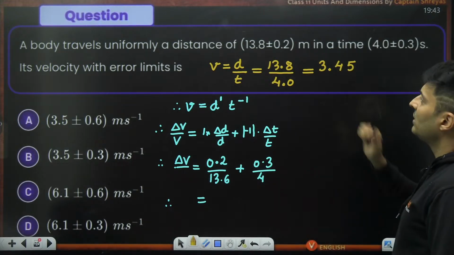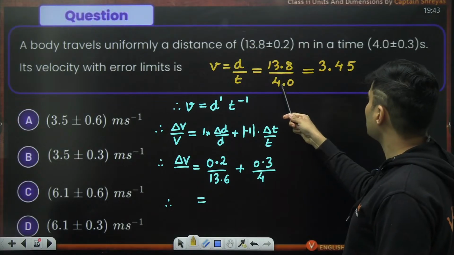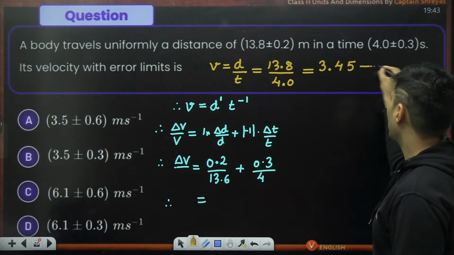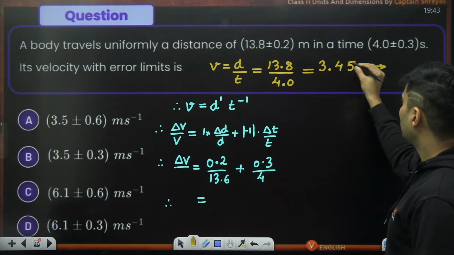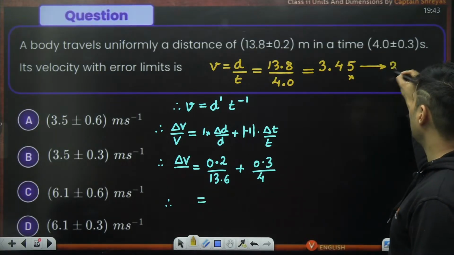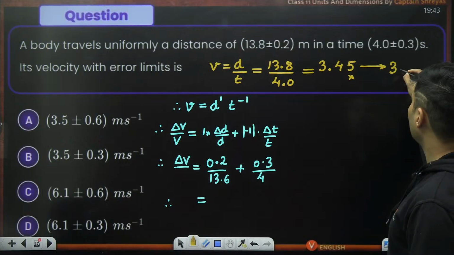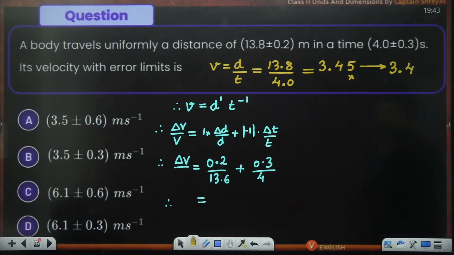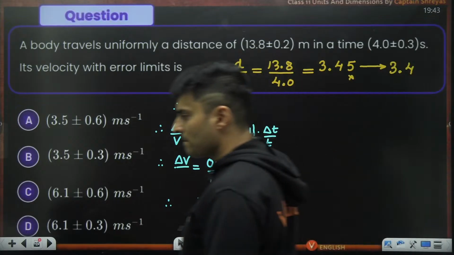But I can't keep it 3.45 because, guys, two significant digits. So round it off. Forget this 5 and this 4 should remain as it is. So it will be 3.4, I believe. This should be 3.4.